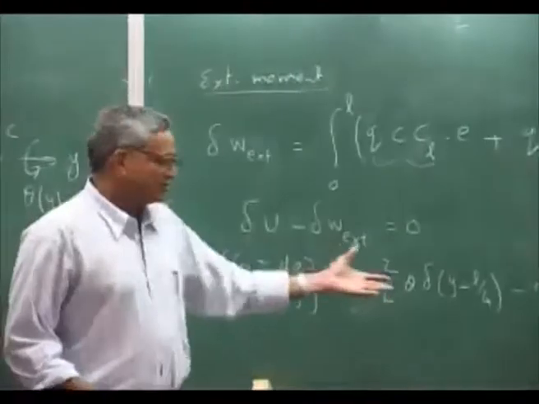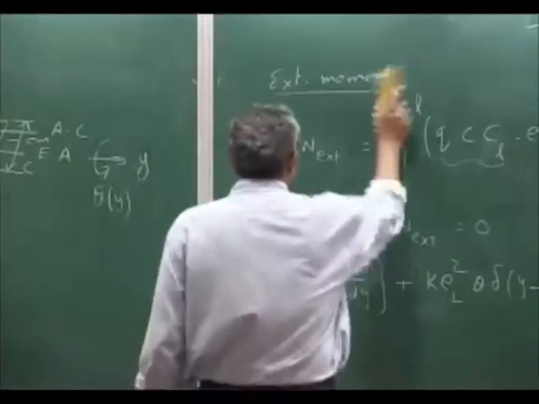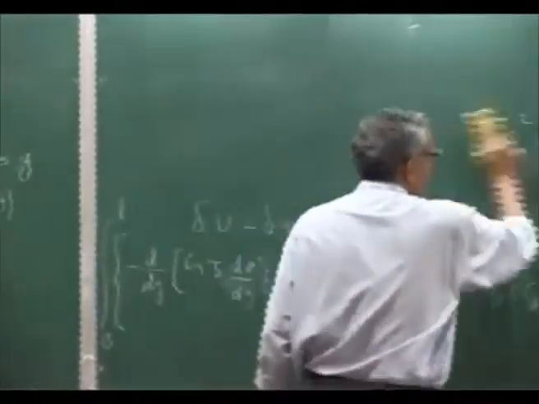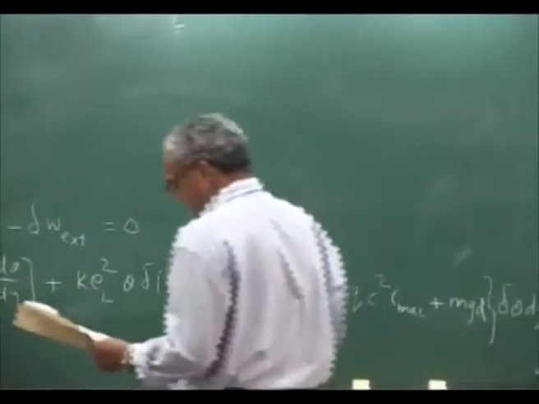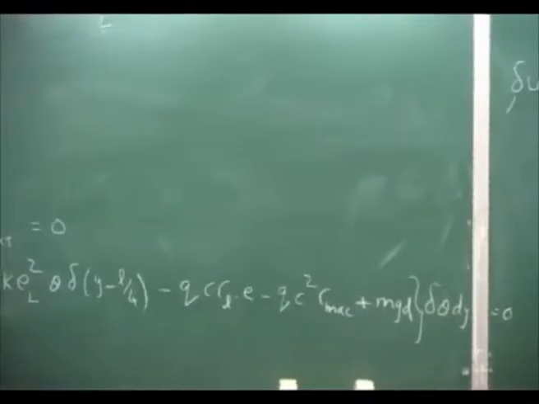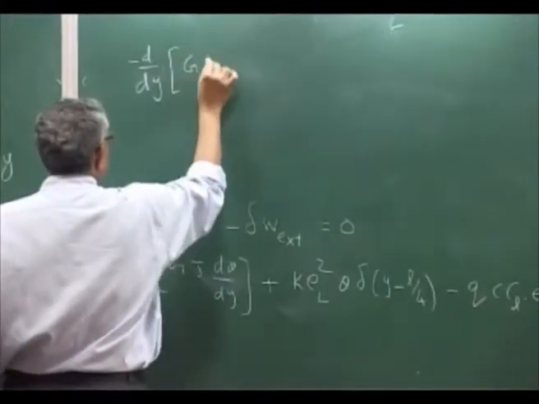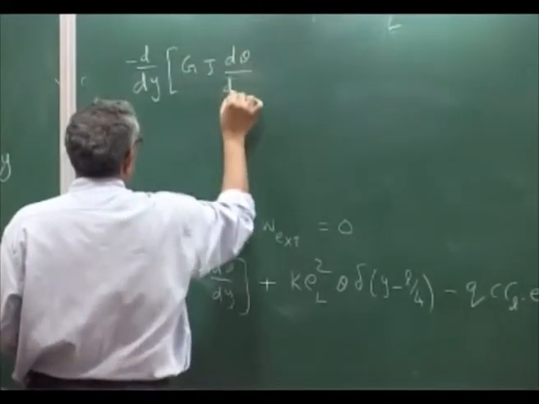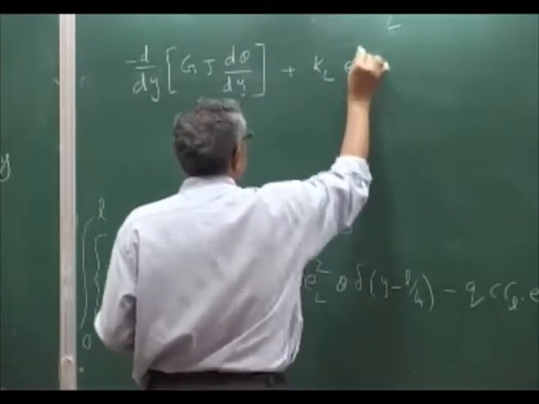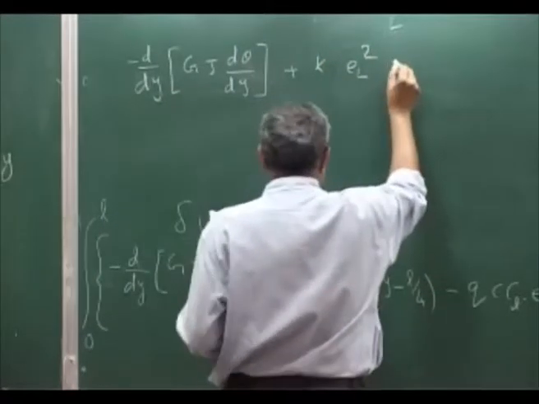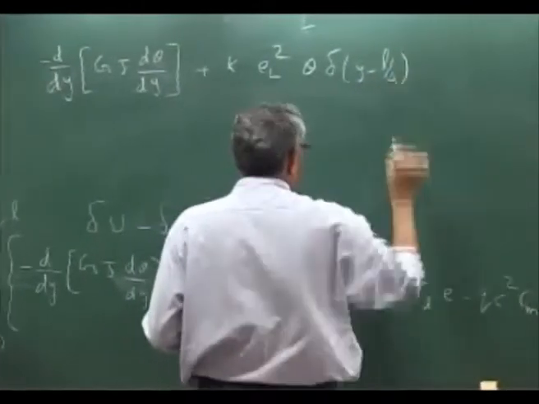And the integrand being 0 gives you your equation, basically in the divergence problem, the torsion deformation equation. So we will write that equation. That equation will be minus d over dy of GJ d theta over dy, plus k_E L square theta delta of y minus L over 4.